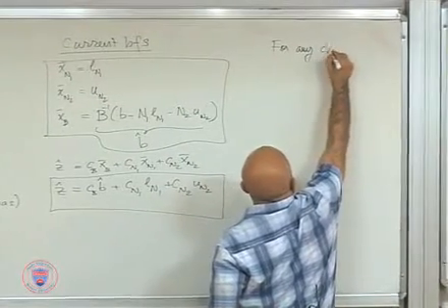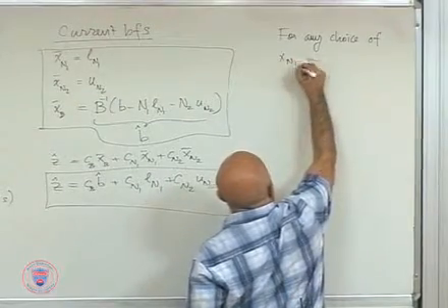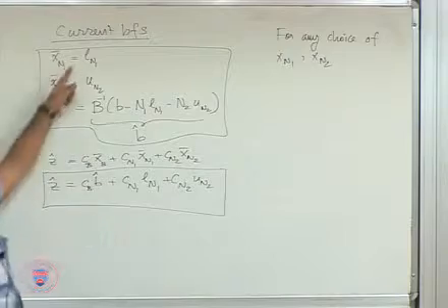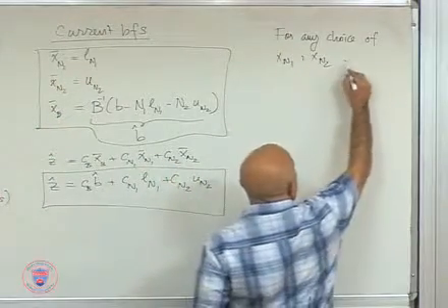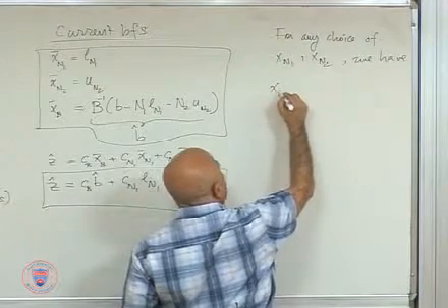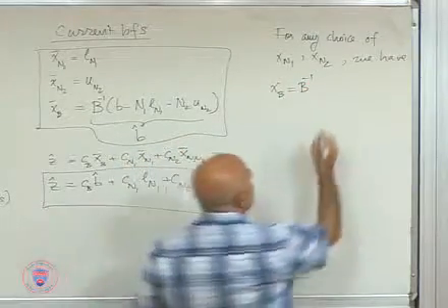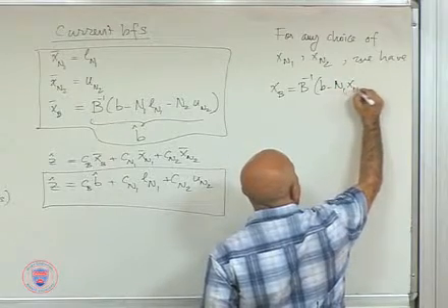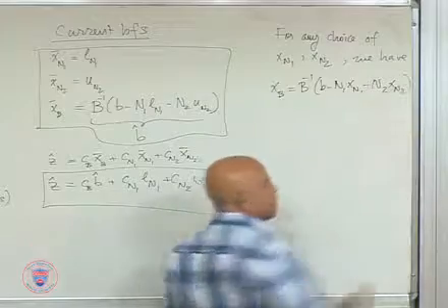For any choice of xN1 and xN2, rather than the specific choices at the bounds, we may solve for xB and obtain B inverse times b minus N1 xN1 minus N2 xN2. That's what we get.